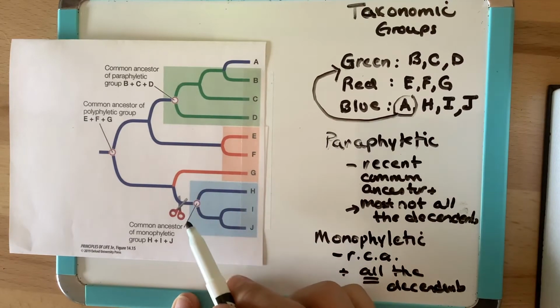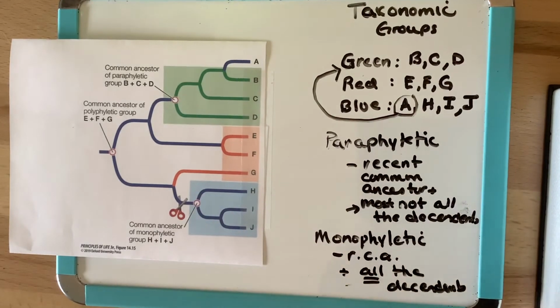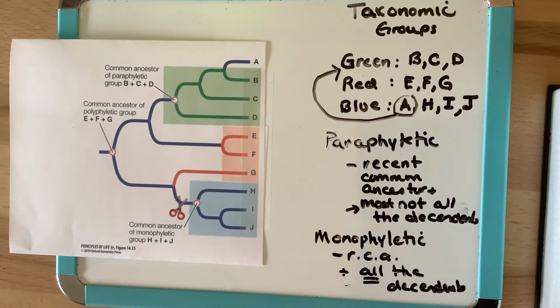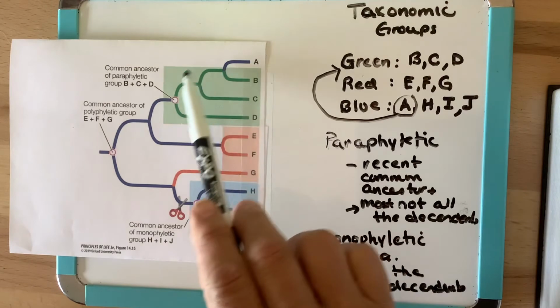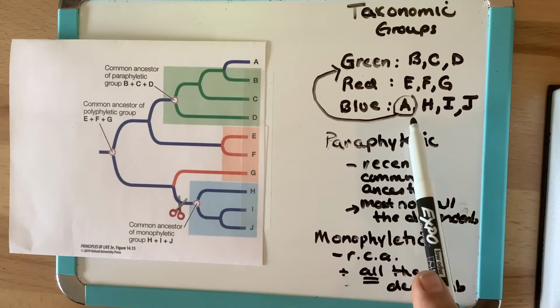And this is a nice clade, a nice monophyletic clade. So with minor revision, A, which apparently had been misclassified and not reflecting its evolutionary history, we've now established monophyly for the green group and monophyly for the blue group.